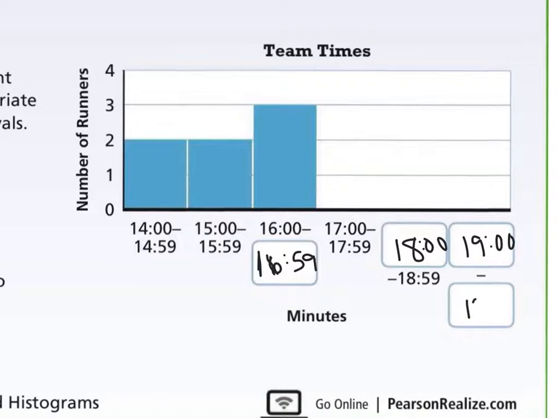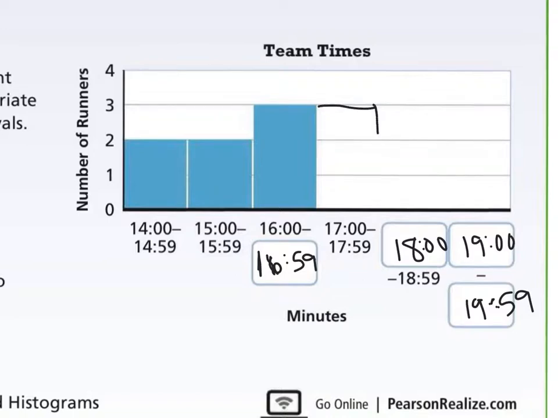Now the nice thing about going by this kind of interval is that basically you can just look at the minute part of your number and you can tell what's happening. So looking back at the numbers, for 17 to 17:59 for that bar, we're just going to look at how many times were 17 something. So 17 something, we have 3 numbers.